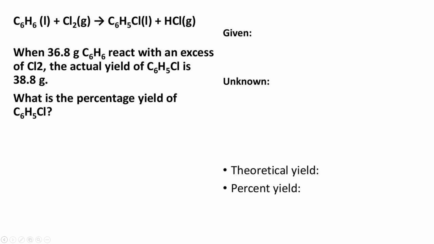The prompt says, when 36.8 grams of C6H6 reacts with an excess of chlorine, the actual yield of C6H5Cl is 38.8 grams.